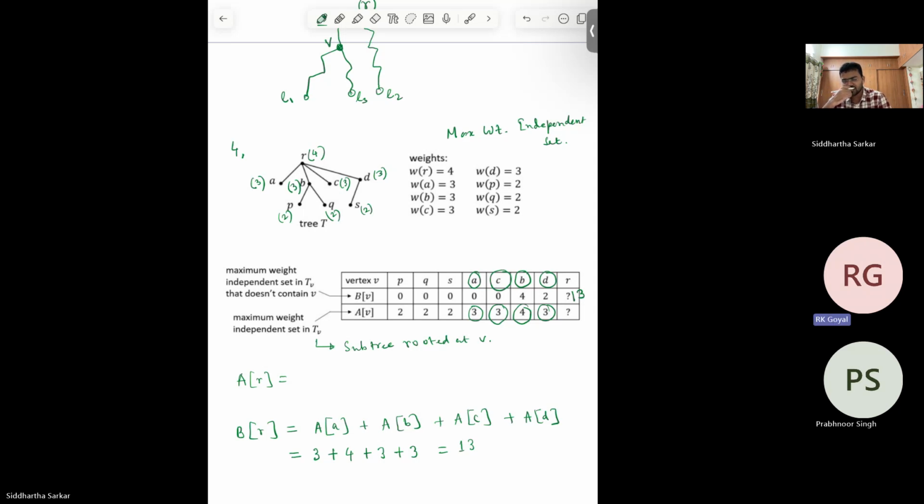For A of R, I'll take the sum of all the B values and add the value of R into it. A of R is the maximum weight independent set rooted at this R. R can be included; there is liberty to include R in the independent set.